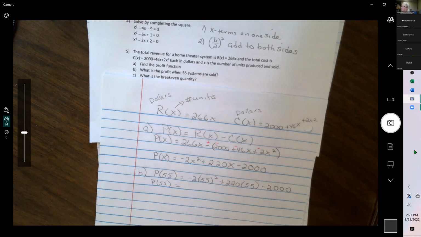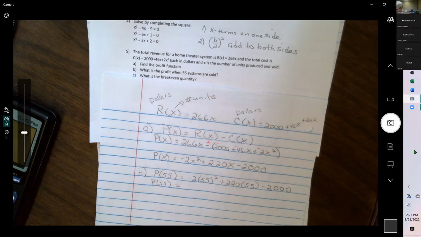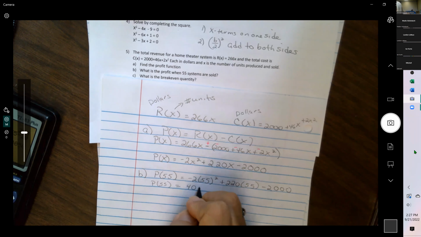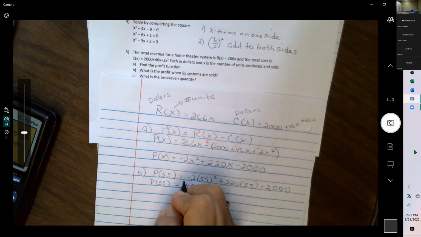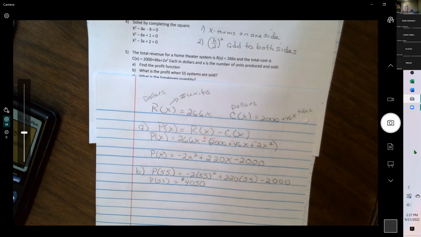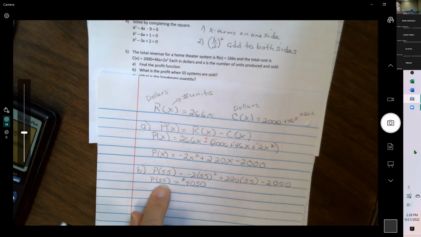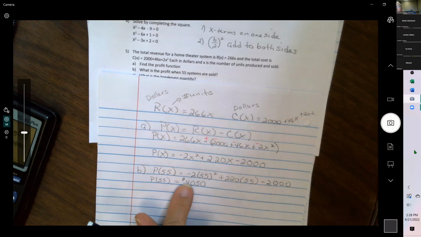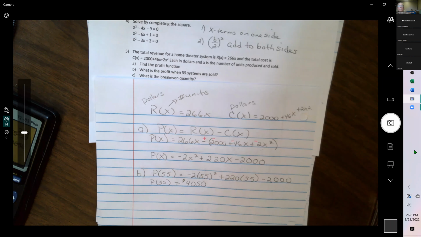And then we just plug that in. You're getting 4,050. If we produce and sell 55 units, we will make $4,050 profit. Any questions on that?